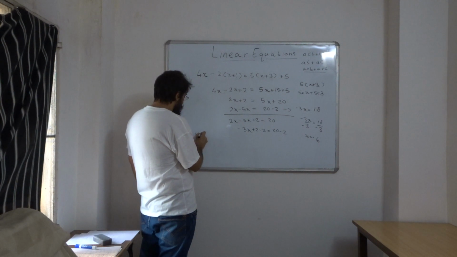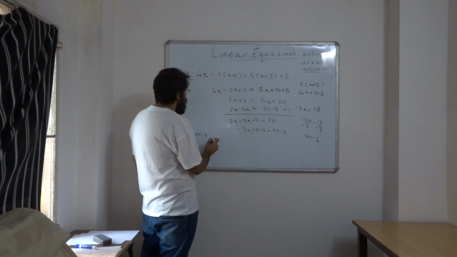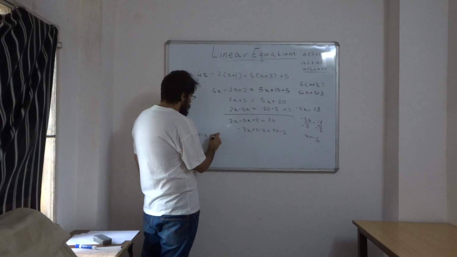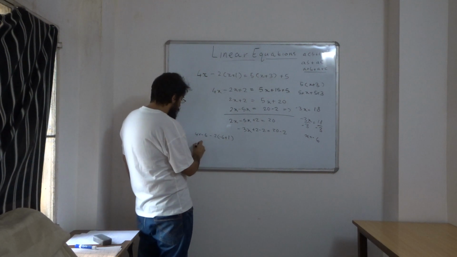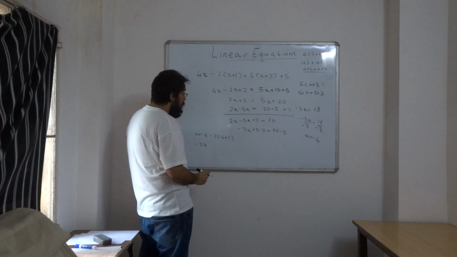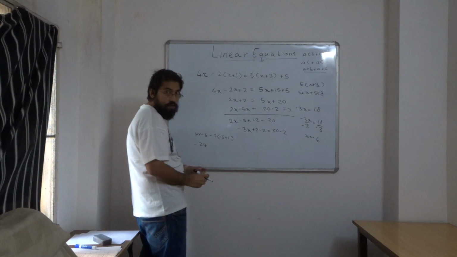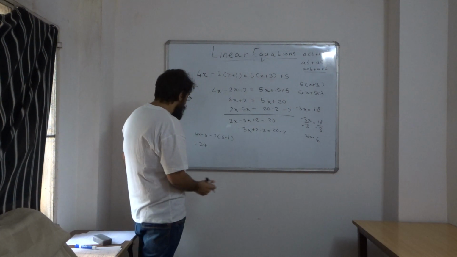Okay, 4 times negative 6, so you have negative 24. Now I hope you guys can see this.